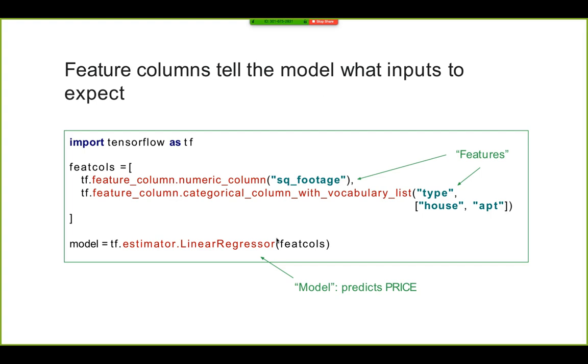But if we have many values, there is tf.feature_column.categorical_column_with_vocabulary_file, or something like that, that we can check from the documentation. Once we create the feature columns this way, we instantiate the model, and when we instantiate the model, we pass the list of feature columns we created.